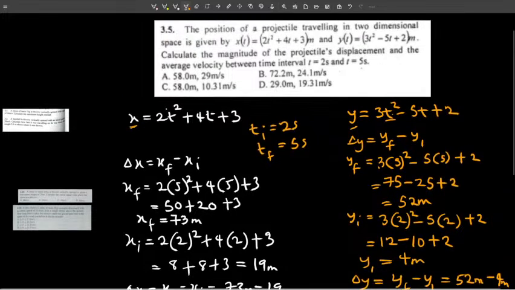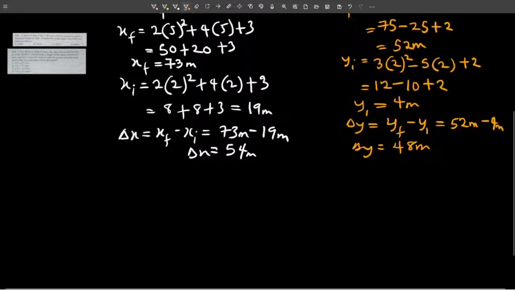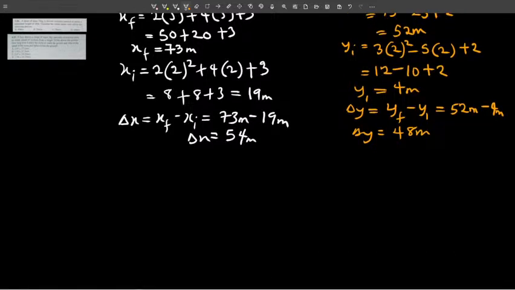Now they said the magnitude of the projectile's displacement. This is just the y-axis. This is just the x-axis. If you remember vectors, when you are dealing with vectors, we have the x and we have the y. Now we have a vector in between. Let's call the vector r. So you say r square equals x square plus y square.